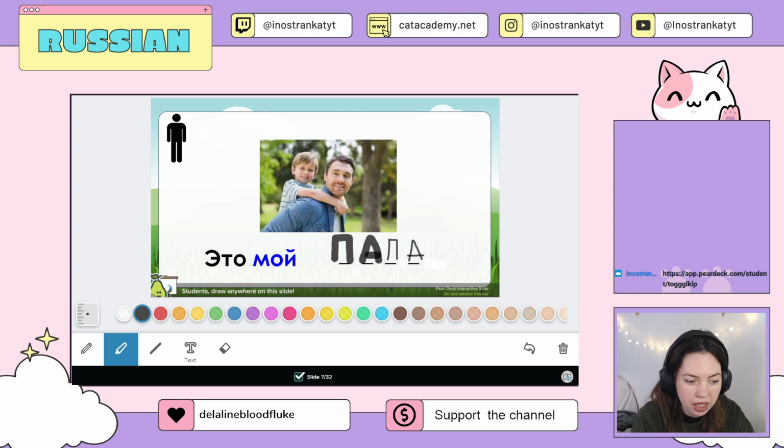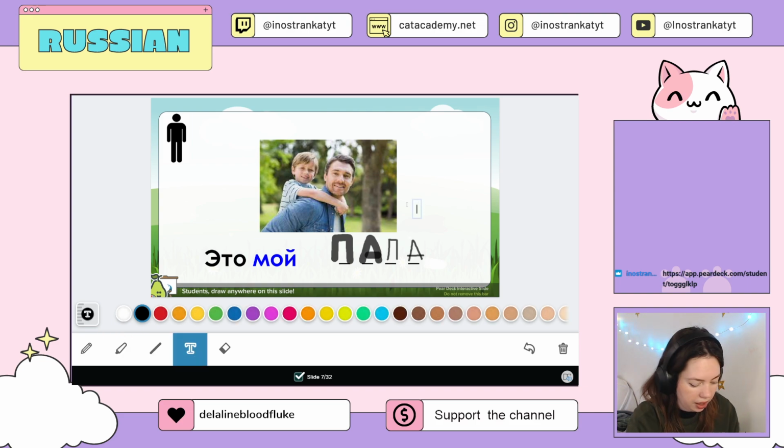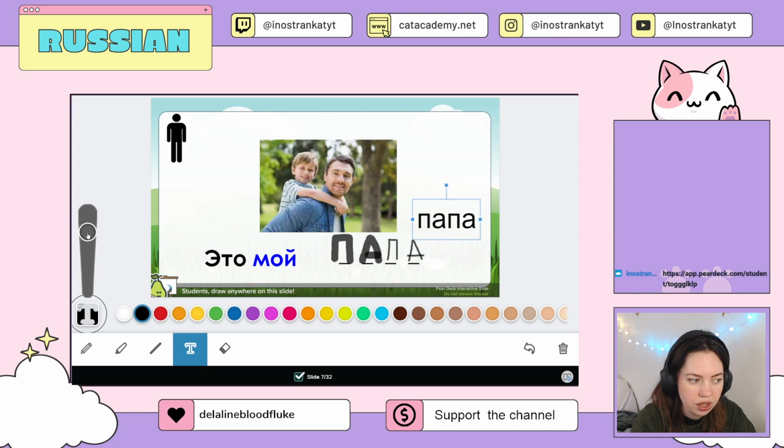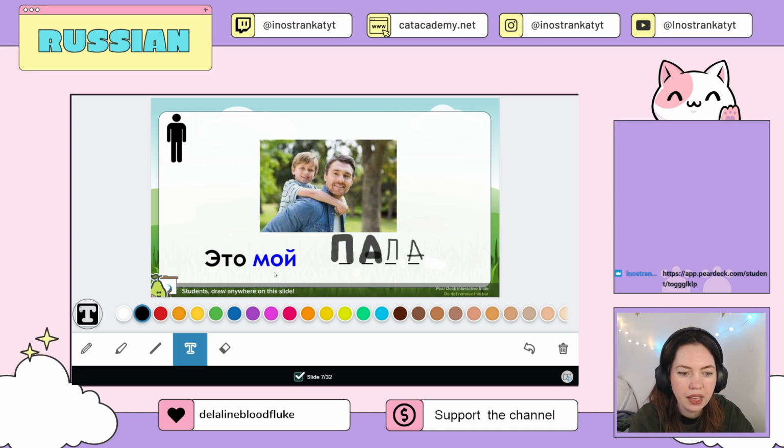If you have a keyboard, you can click on text and you can type papa. And after, you can click again and enlarge or make it smaller, as you like. Это мой папа. Okay, let's move on.